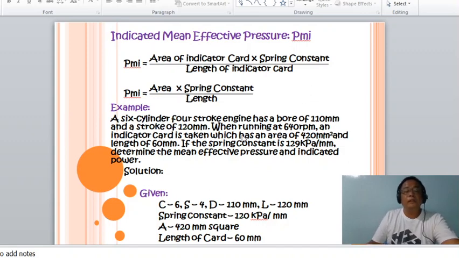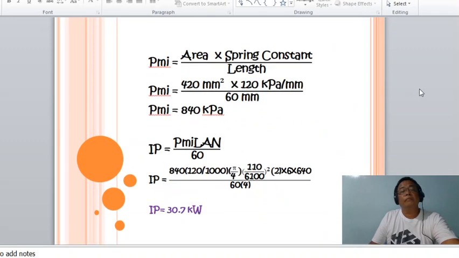Okay? So, given PMI, the area of the indicator card is 420 millimeter square, and the spring constant is 120 kilopascal per millimeter, and 60 millimeter length.